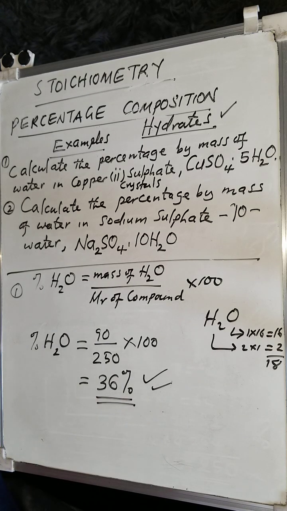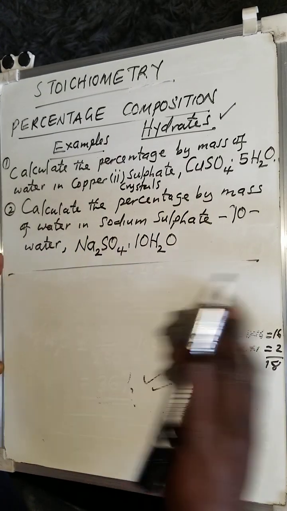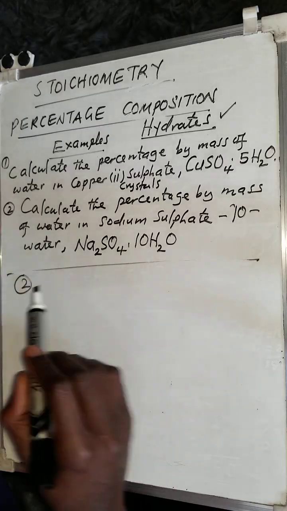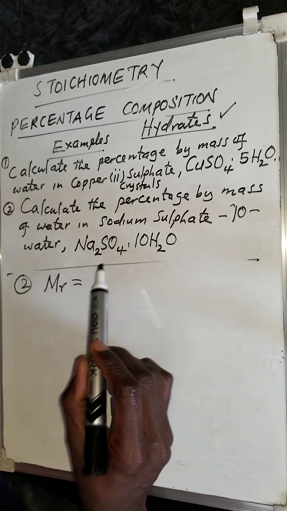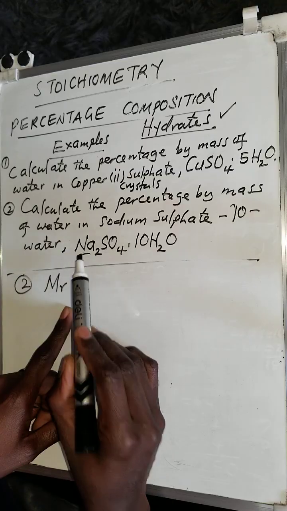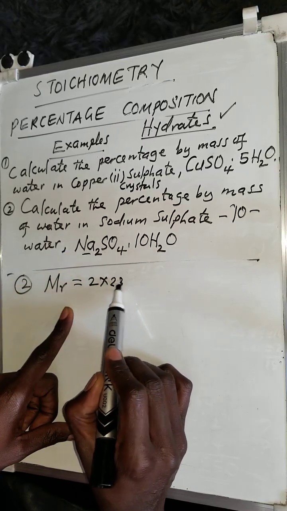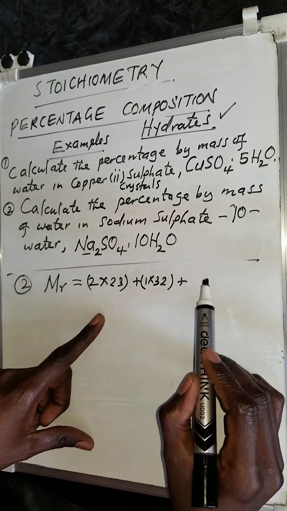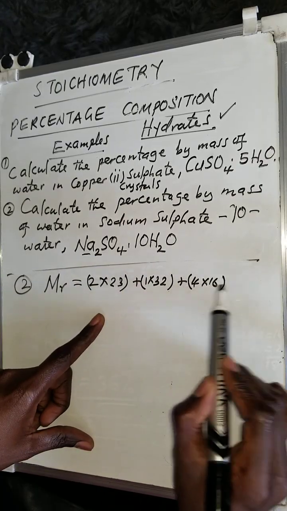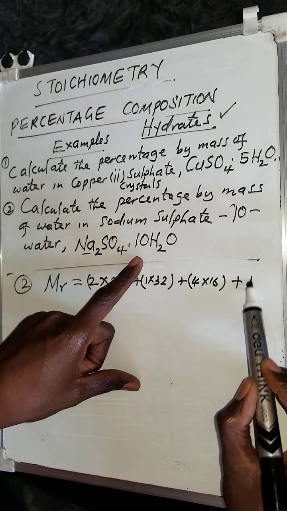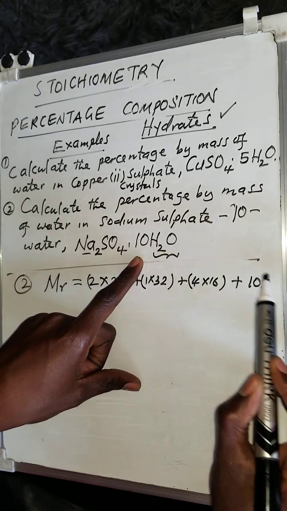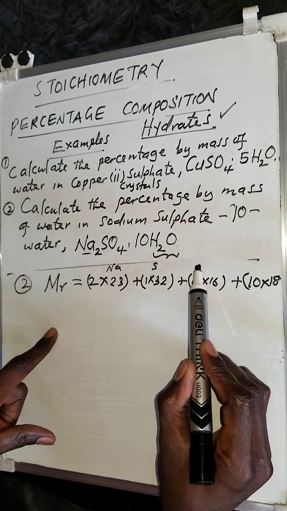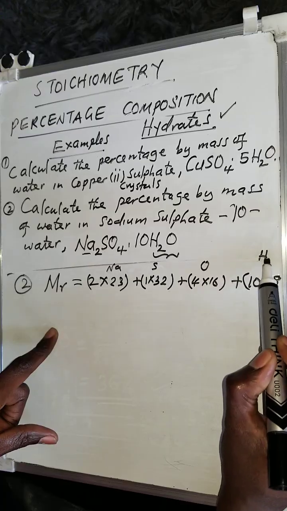Okay, so let's look at the second one and show you how you can go about that. Again, we just need to find the Mr of that one. In this case, I've got sodium, which is 2 multiplied by 23, plus sulfur 1 times 32, plus oxygen 4 times 16, plus for the water, how many water are there? It is 10 times the Mr of H2O. Remember that is 18 there. So this is sodium, that is sulfur, that is oxygen, and that is representing H2O.